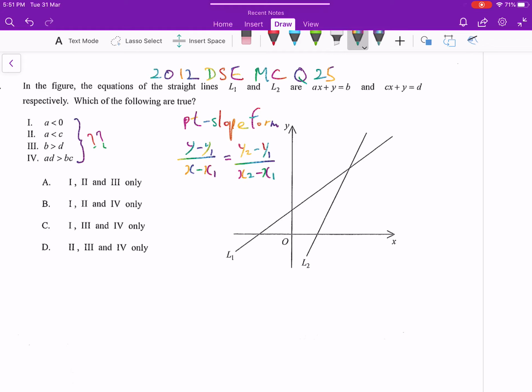But I regard this as point form because the right hand side is the slope, and point form is the basic equation of a straight line. So whenever you deal with this kind of question, please use two-point form or point form to do it.